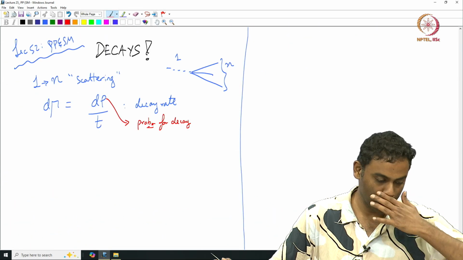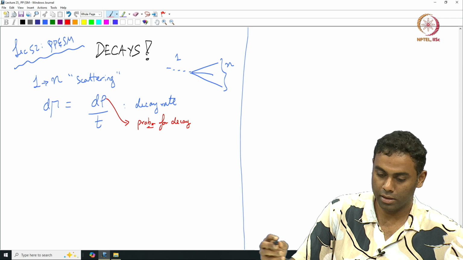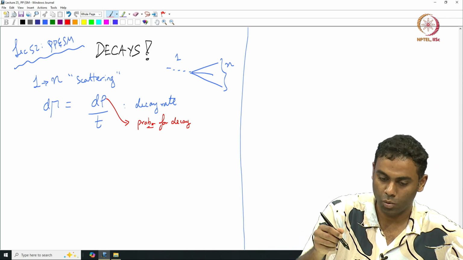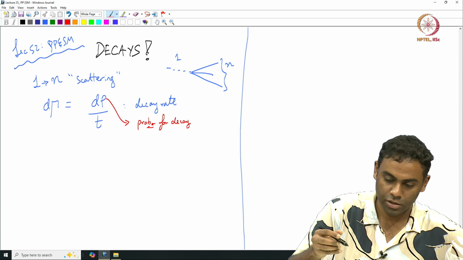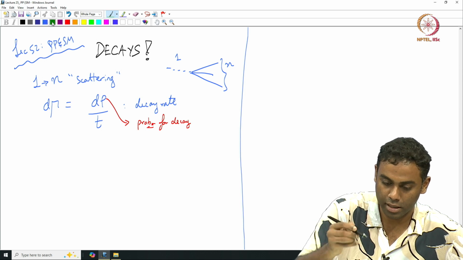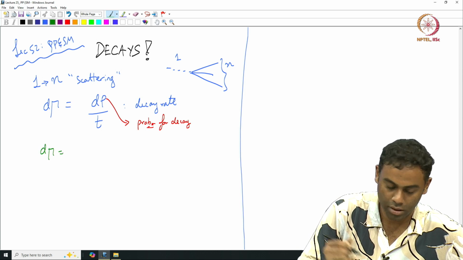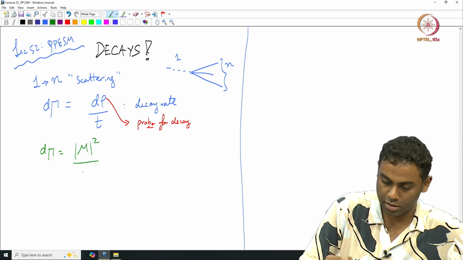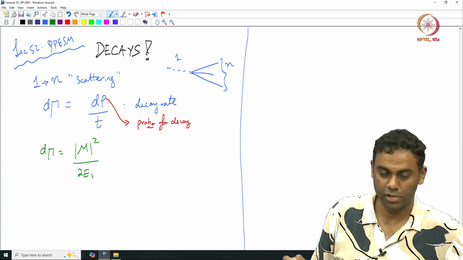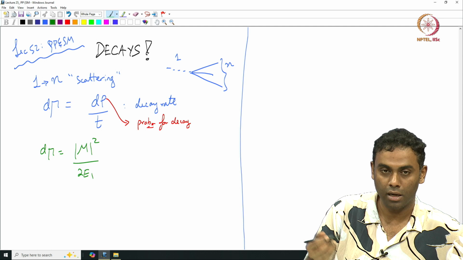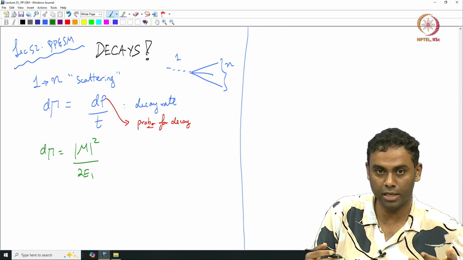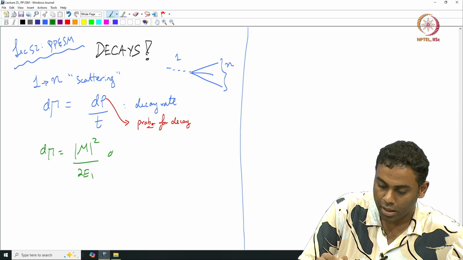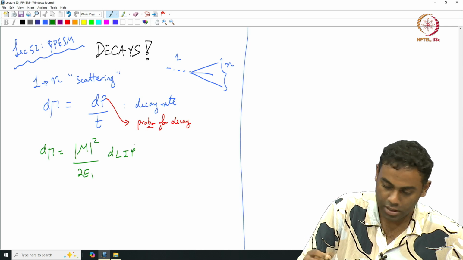Now we are just going to restrict ourselves to the case of one particle in the initial state, so that I can right away write down the master equation for decay, which is this. This is one particle in the initial state. Again I do have a transition amplitude, and hence I have a matrix element to talk about, and again I have a d Phi.